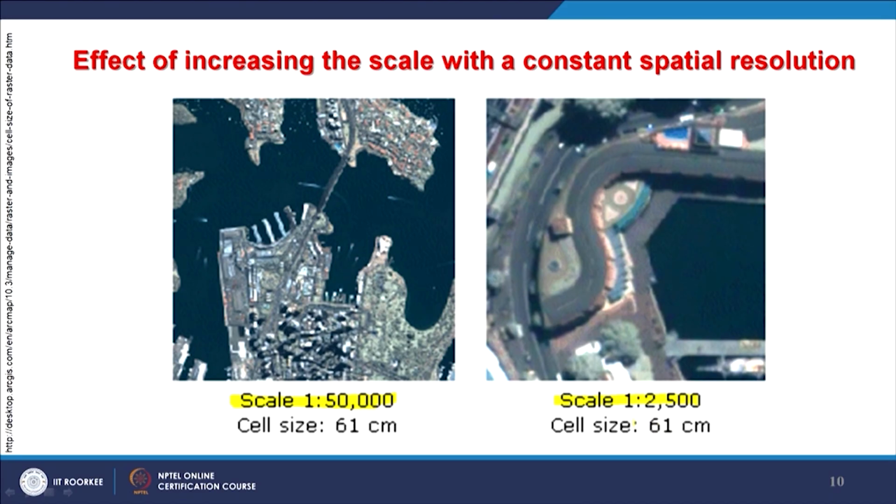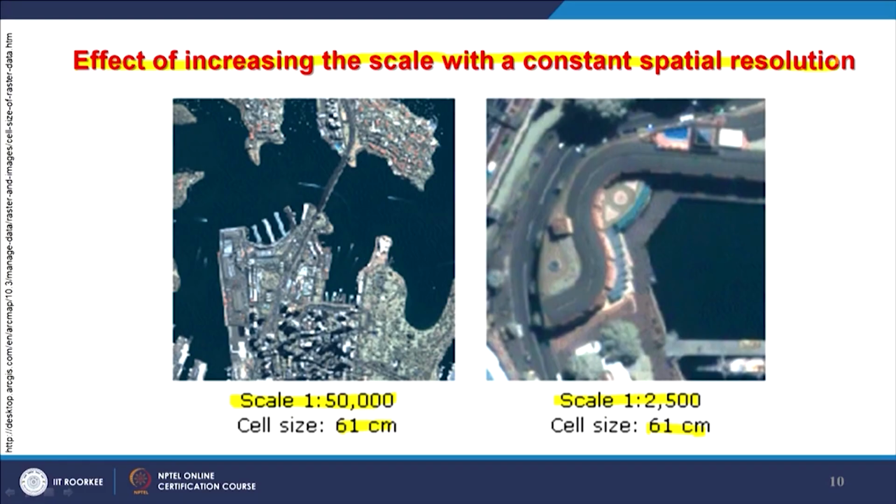But here the spatial resolution in this example is the same, the scale has changed for the same area, and of course the effects are there. So, the effect of increasing the scale with constant spatial resolution will definitely give different results.